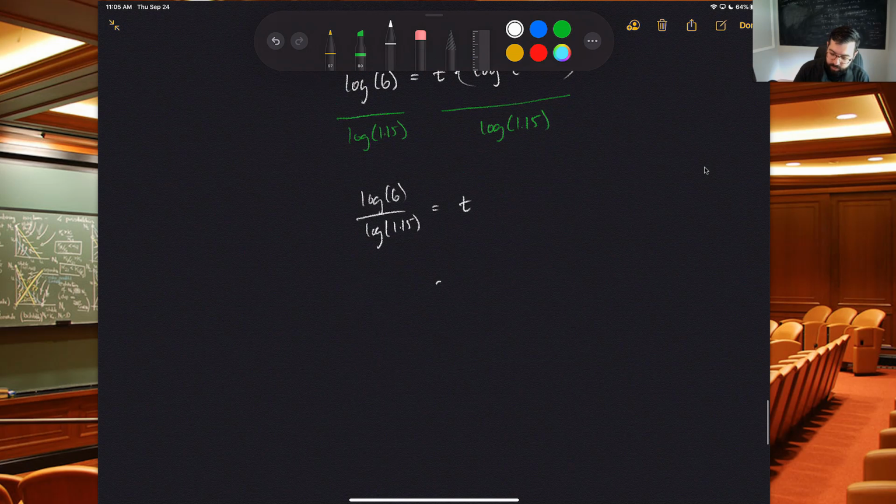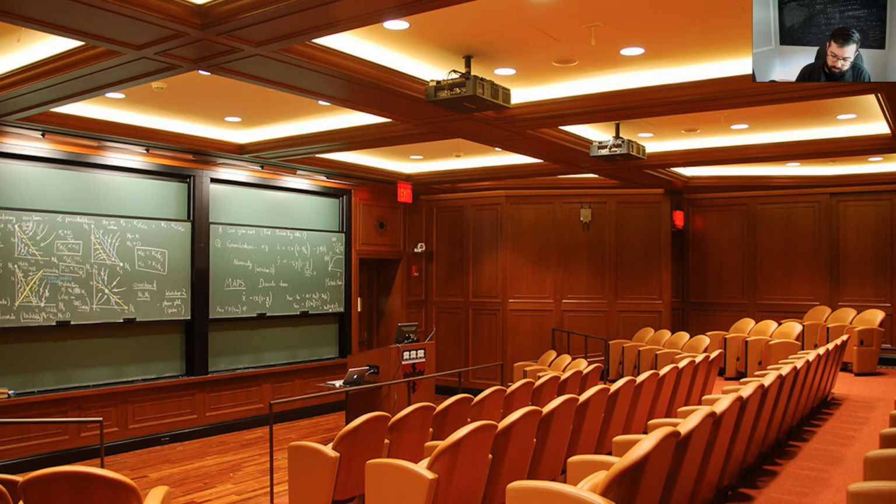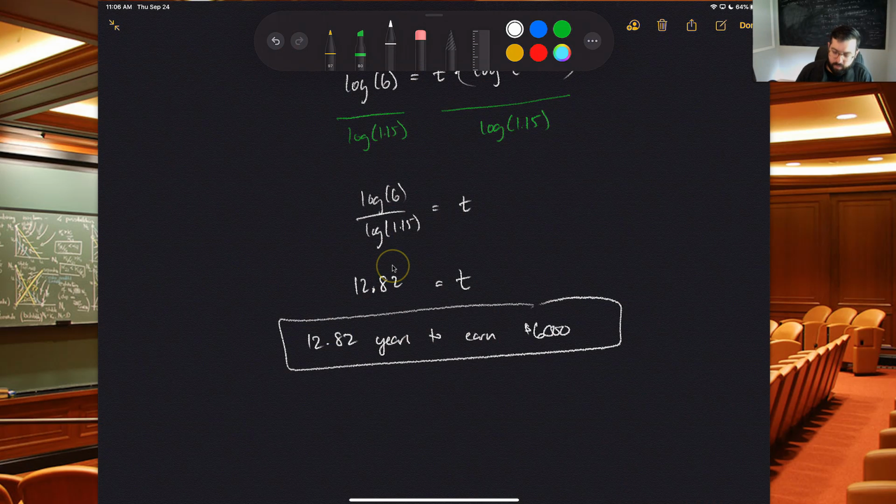And then we can go into our calculator and get a decimal approximation. And so we'll punch this in, log of 6 over log of 1.15, and we get 12.82. So we get 12.82 years it will take $1,000 to earn $6,000, or to turn into $6,000.